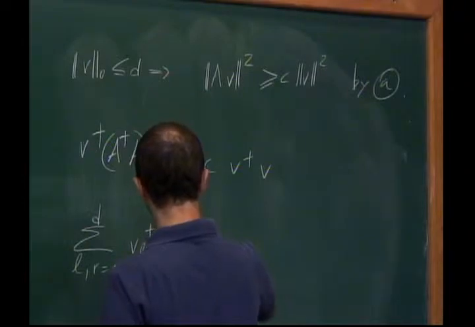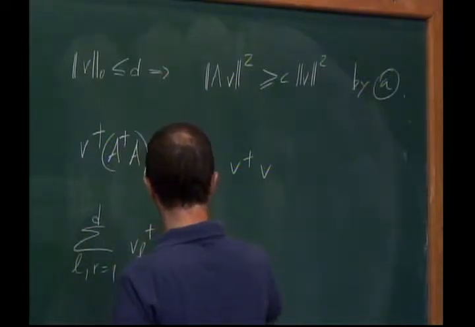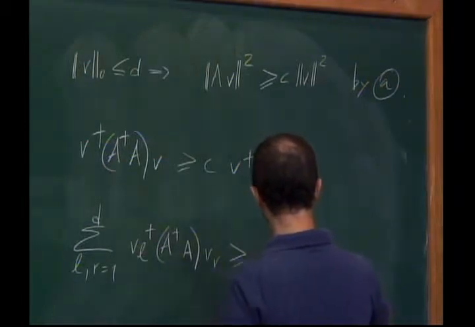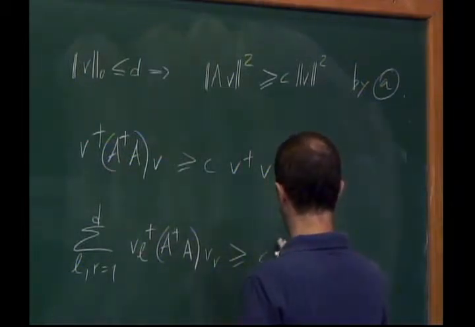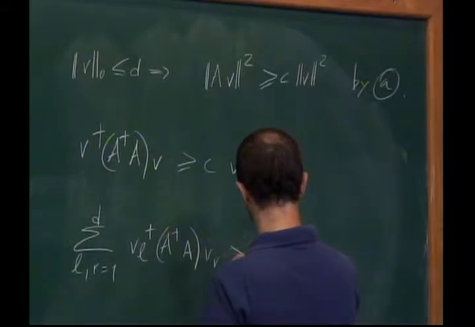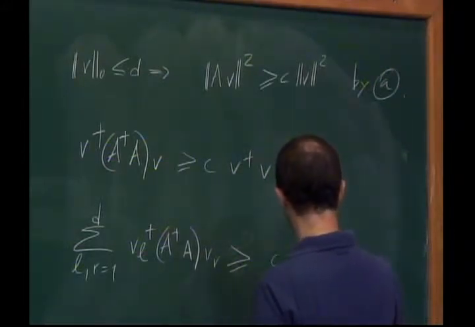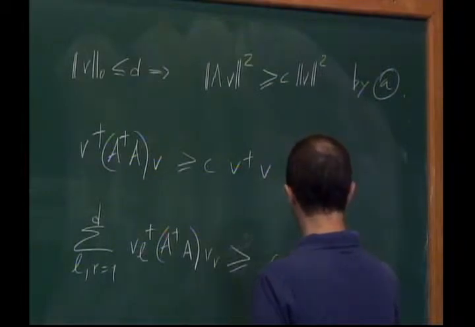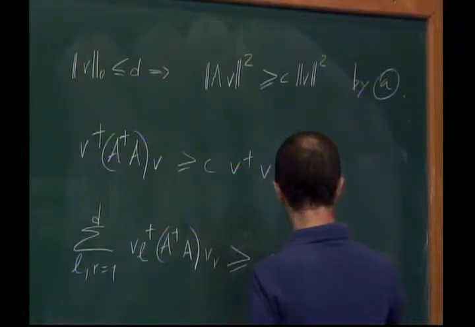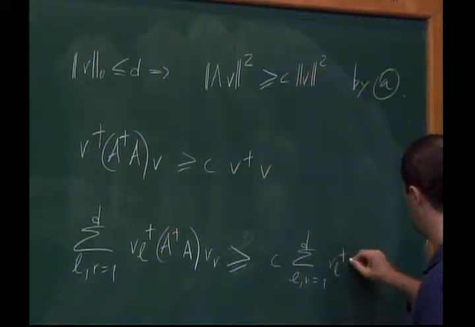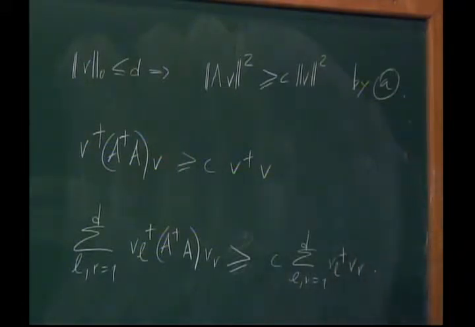V_l transpose A transpose A V_r is greater than c times the sum over l and r equals 1 to d of V_l transpose V_r.